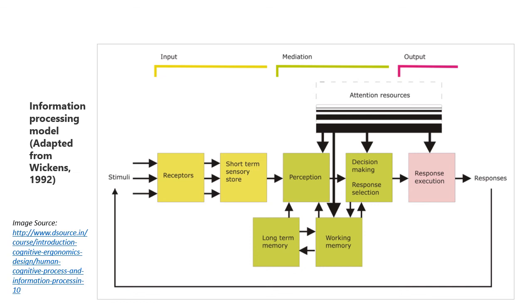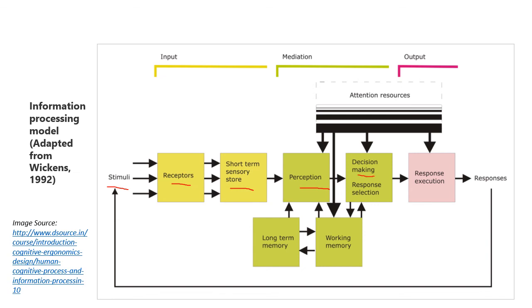So we have the stimuli in our environment. We are receiving the stimuli through the receptors, which are our sense organs, and then it is going to the sensory memory or short-term sensory store, and after that it is going to the perception faculty, right? Based on the perception, we go to the decision making phase.